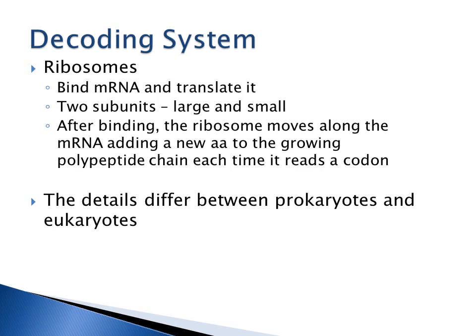After binding, that ribosome is going to move along the messenger RNA and add a new amino acid to that growing polypeptide chain every time it reads that triplet codon. The details of this differ slightly between prokaryotes and eukaryotes, and we're not going to really get into all of the different details because it gets complicated.